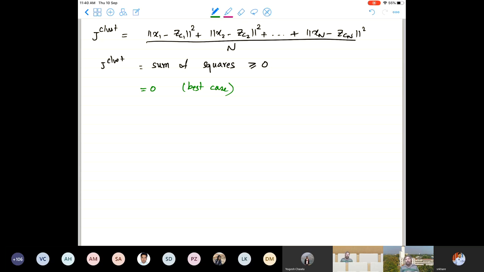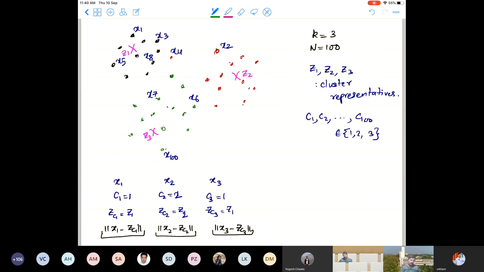So this is the most ideal situation that you could have thought of. In practice, in real life, that is not what you will obtain. So in this diagram, all the black dots fall onto this pink cross. All these red dots fall onto this pink cross, and all the green dots fall onto this pink cross.